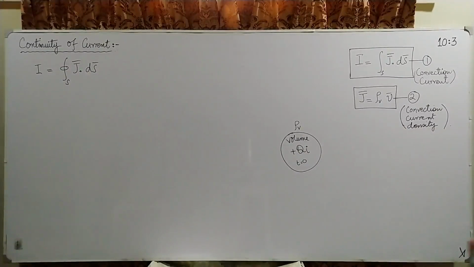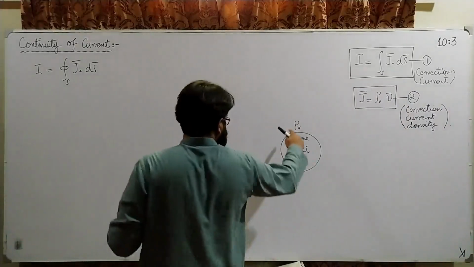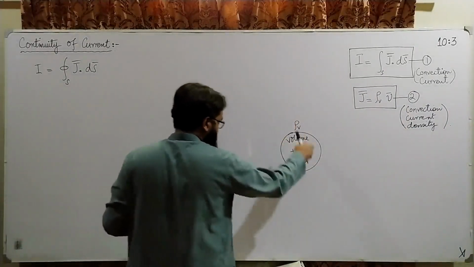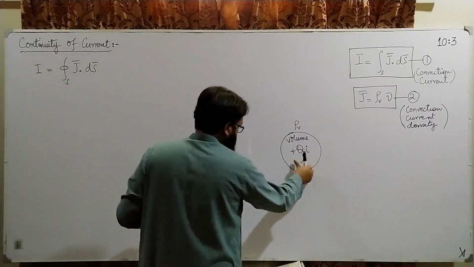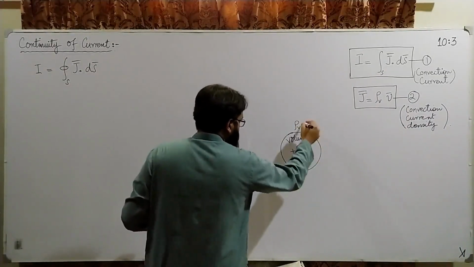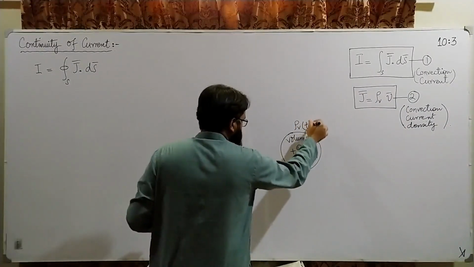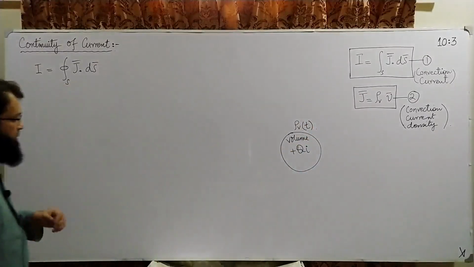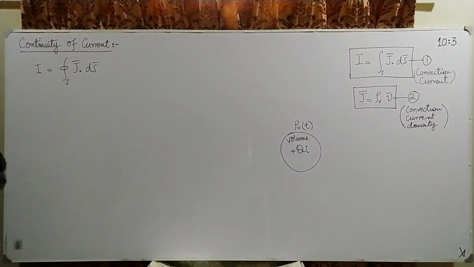All right, so now definitely charges are changing with respect to time, so charge density will be changing with respect to time, and charge density would become a function of time.